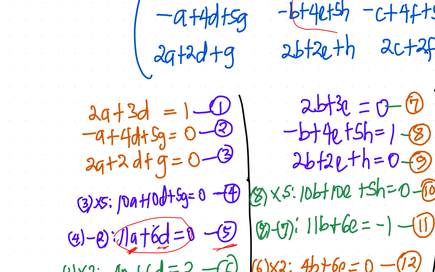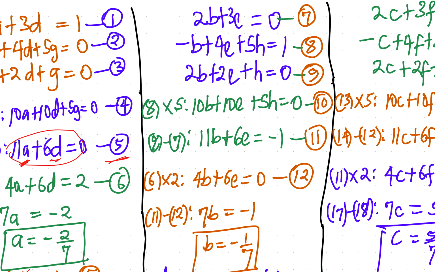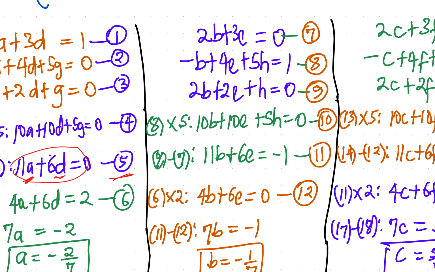So the process is pretty much the same. So here I multiply 8 by 5 because I want to get rid of H. So that's 10B plus 10E plus 5H equals 0. And then the next thing I do is to say 9 minus 7.